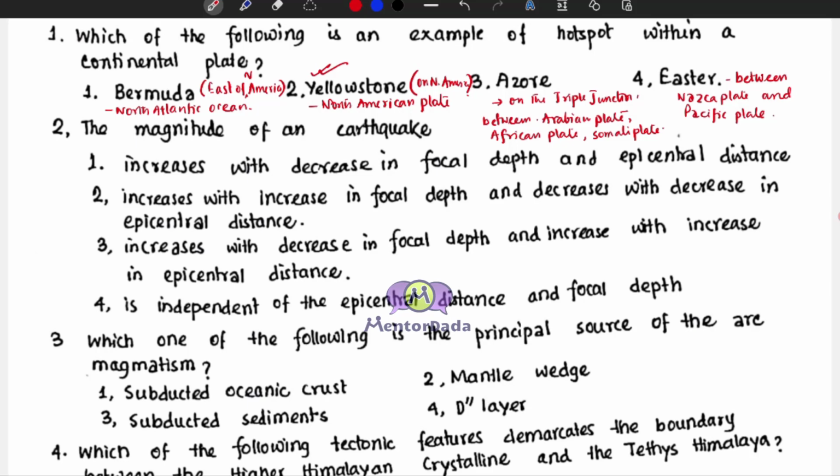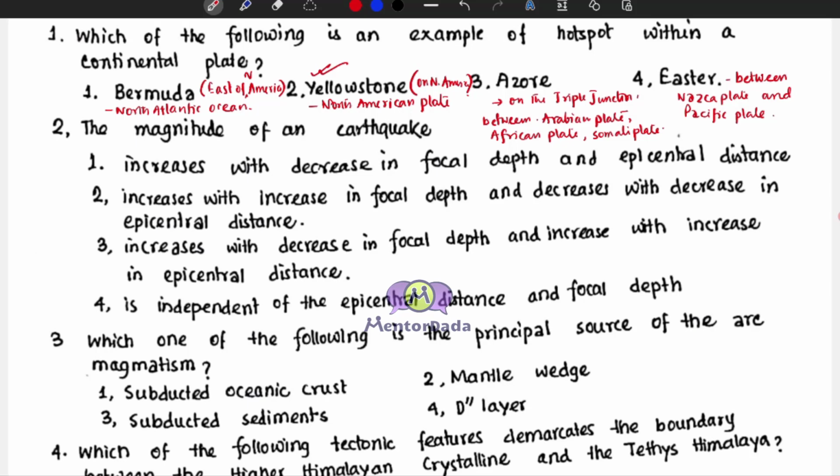So, the magnitude of an earthquake. What is magnitude? Magnitude is the measure of the released energy. Intensity and magnitude of an earthquake are completely different. Intensity only determines the relative destructiveness, but magnitude is the measurement of the energy emitted during the earthquake.